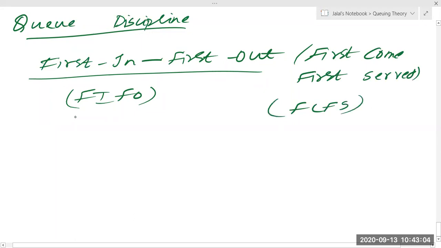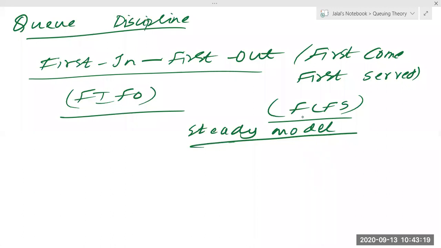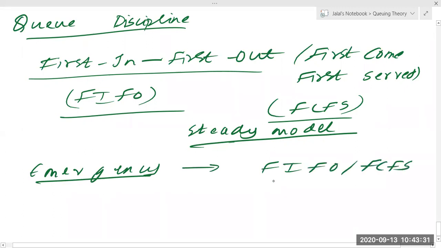This is actually preferred for all the steady kind of model. When I say steady, I mean constant with respect to time, a system which is stable. There you follow first in first out. But suppose there is an emergency, or an accident case in the hospital, then you don't have to go for the FIFO or FCFS model.